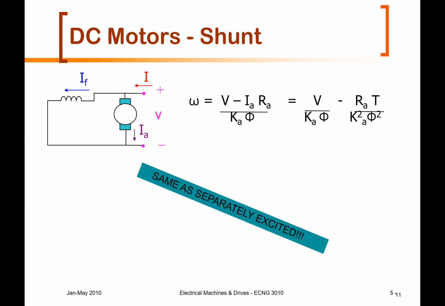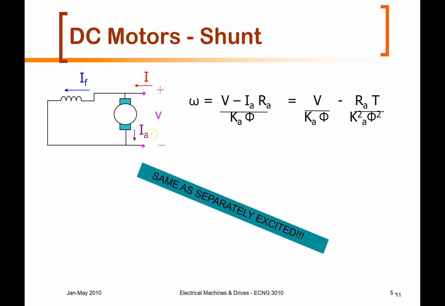For shunt machines, remember we said they behave very similarly to the separately excited machines. The main difference is that for a separately excited machine, you could change independently the voltage on the field and the voltage on the armature.